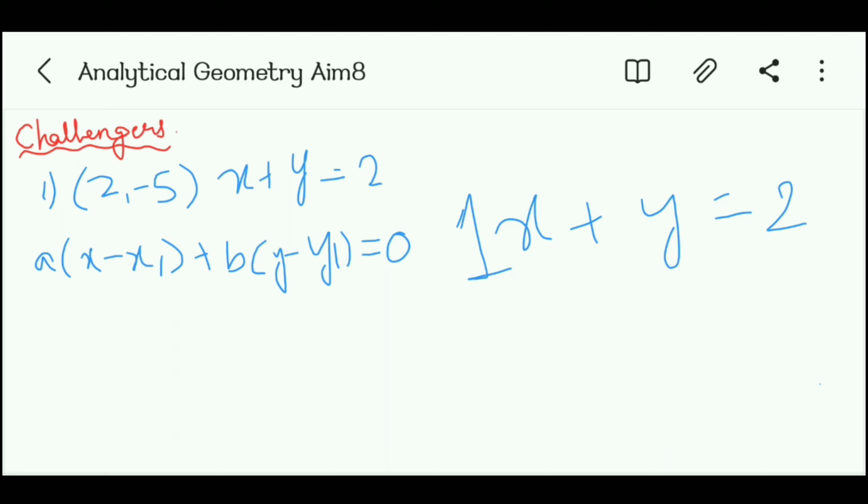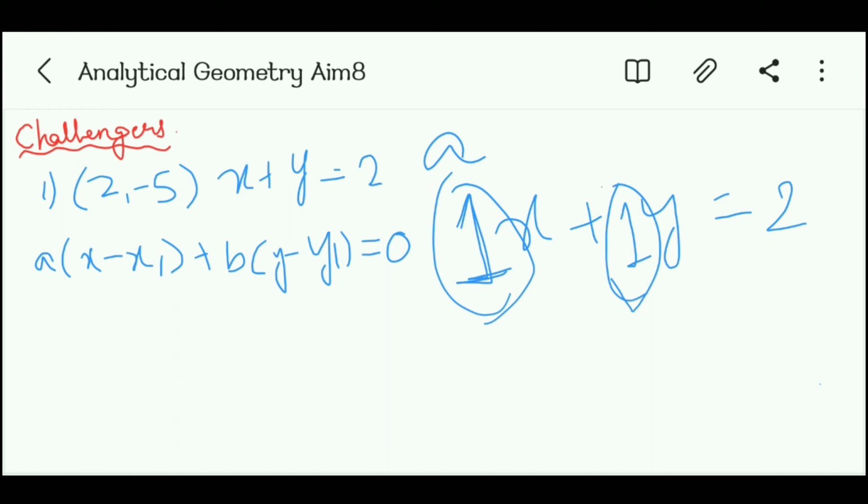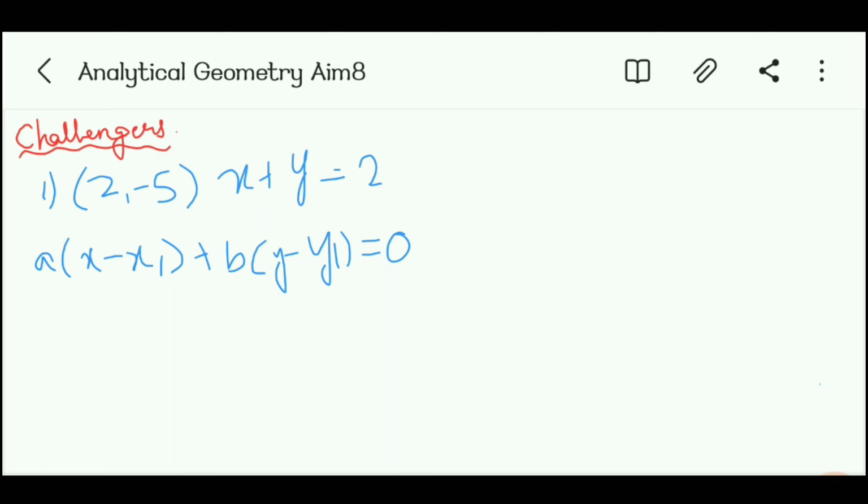Whatever numeric is before the variable x, that is a. Whatever numeric is before y, that is b. So a will obviously be 1 into x, as it is because it is the variable, minus x1, which is 2 here, and plus b is also 1 and y is a variable, so it will be like that only, and y1 is minus 5.